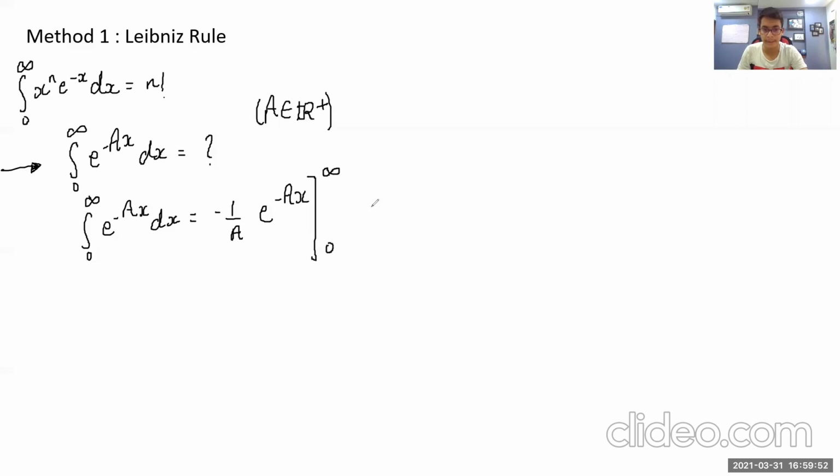Okay, so now first I'll just get my minus 1 over a out, and now if I plug in infinity, what I'm basically doing is taking the limit. So I'm taking the limit as x goes to infinity of e to the minus ax. Now ax is also going to go to positive infinity, because a is a positive real number, and therefore minus ax will go to negative infinity, and that means e to the minus ax will naturally go towards 0.